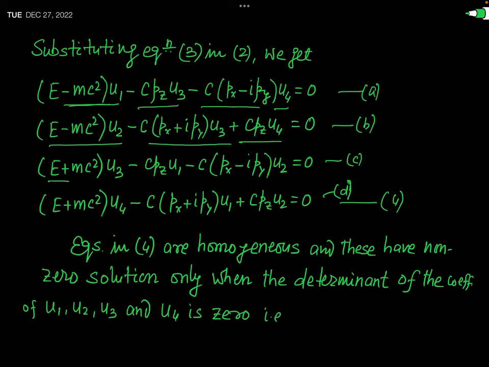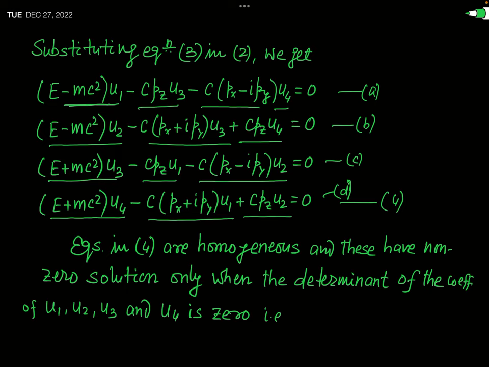The third one is (E plus mc square) u3 minus cpz u1 minus c(px i py) u2 equal to 0. And the fourth and last equation is (E plus mc square) u4 minus c(px plus i py) u1 plus cpz u2 equal to 0.